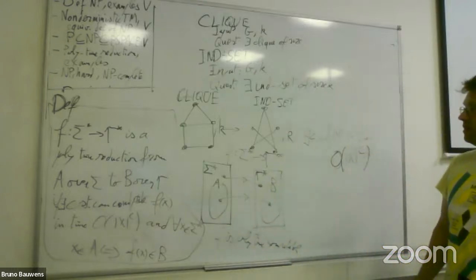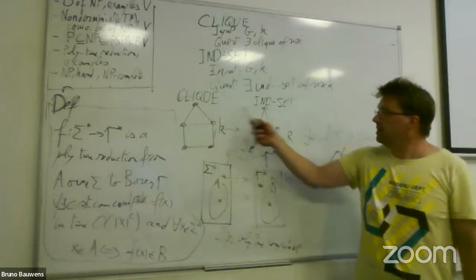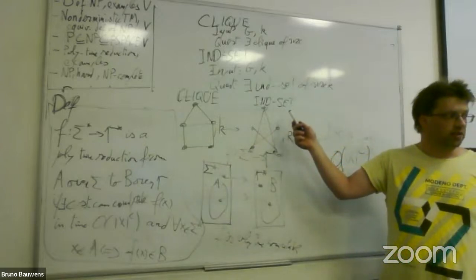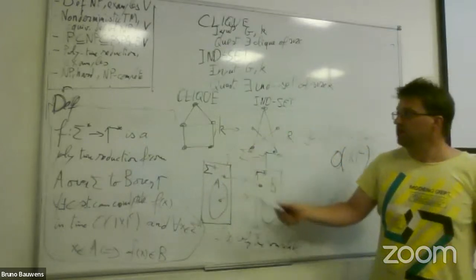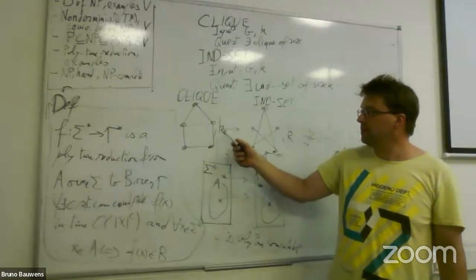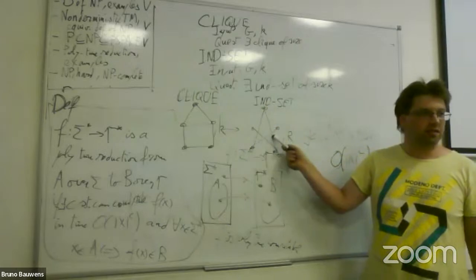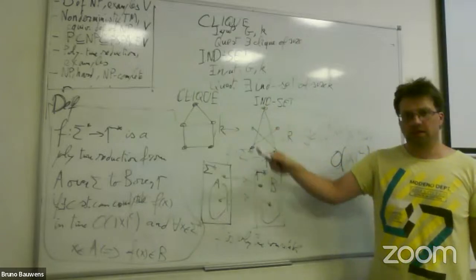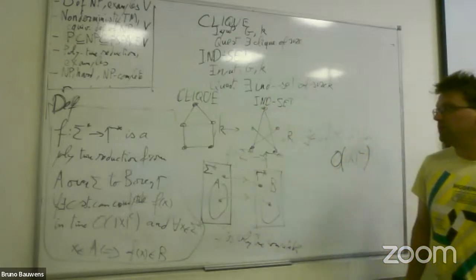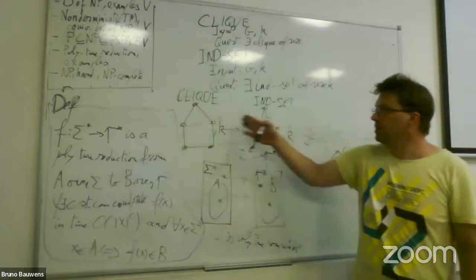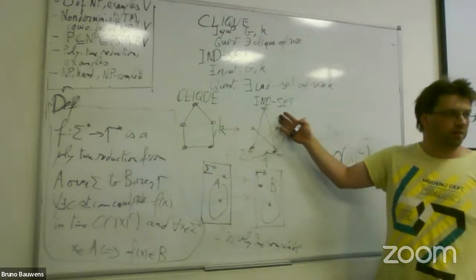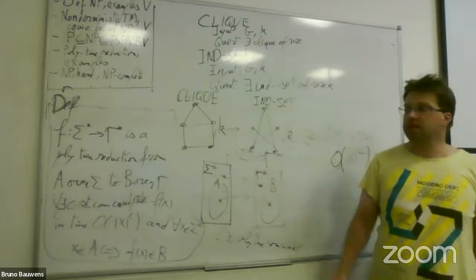And here the clique and independent set example satisfy the condition. For k equals 3, the clique exists, and here the independent set exists, and vice versa. So we say that this problem polytime reduces to this problem, and the same is true in the other direction.